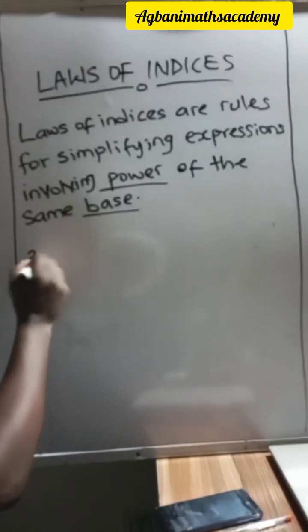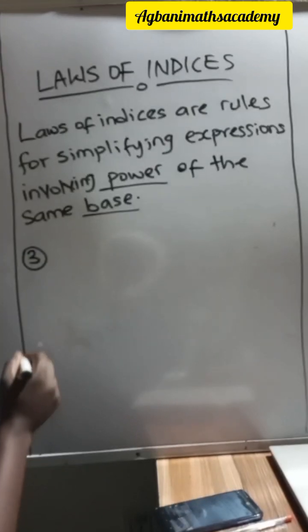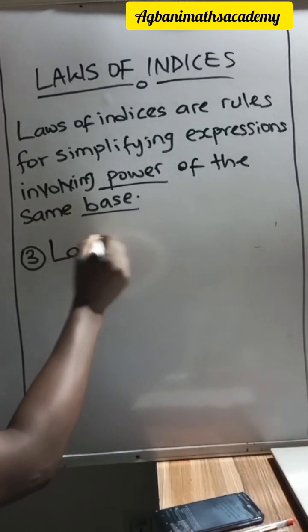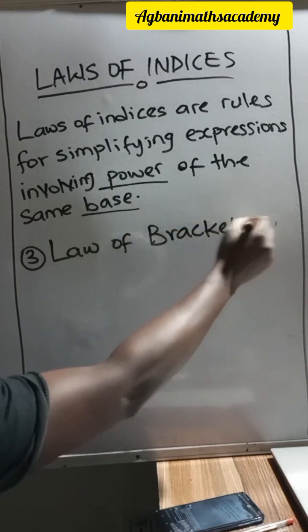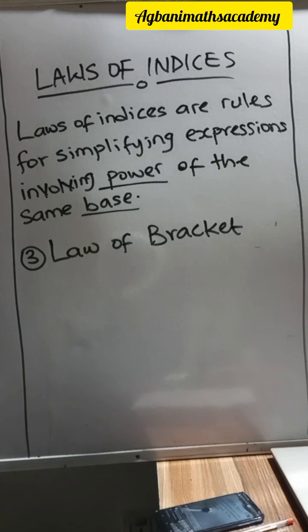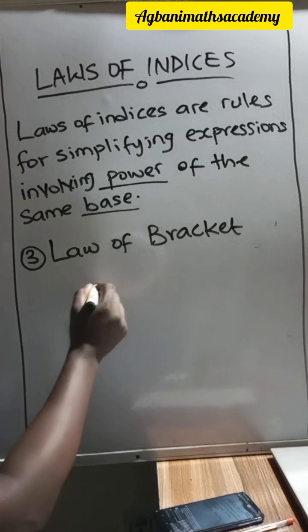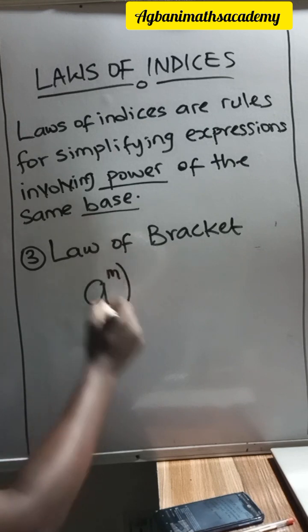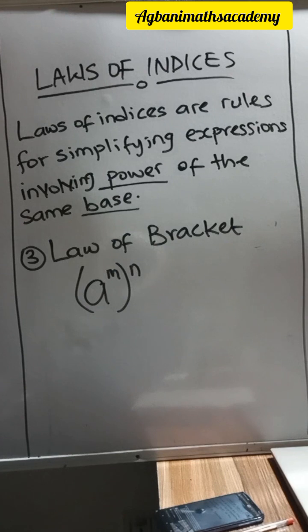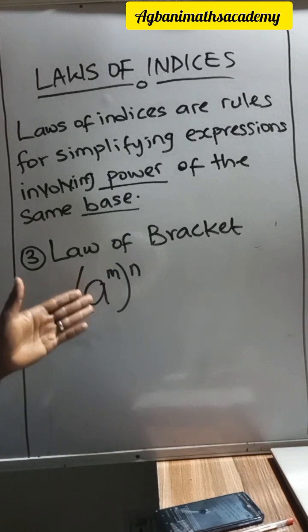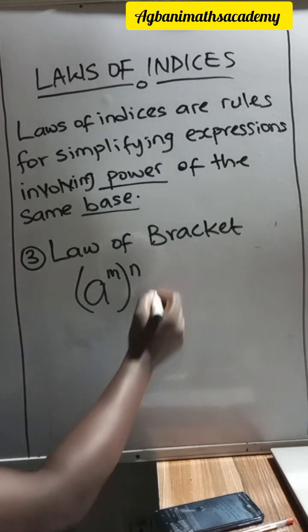So law number 3, we have the law of brackets. When you have a to the power of m, bracket close, to the power of n, what does the law state in this situation?